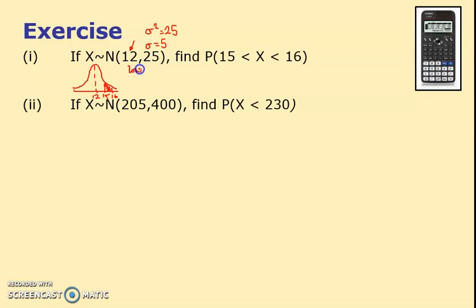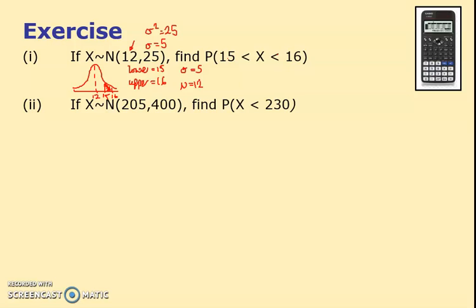So these are actually easier, these in between 15 and 16 jobs. The lower is 15, the upper is 16. You don't have to put any infinities or minus infinities in, you just use the two numbers. My sigma is obviously 5, my mu is 12. So let's do that. Menu 7.2. What was it?